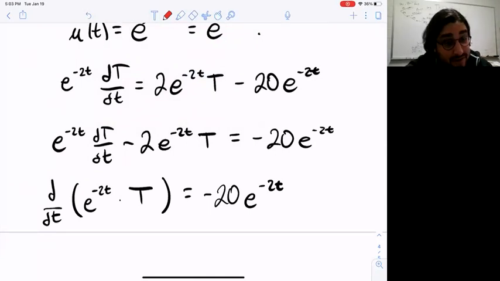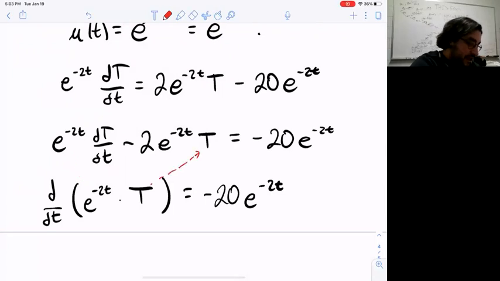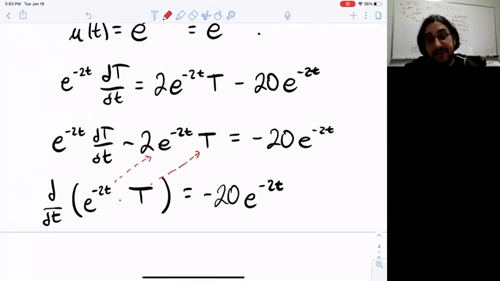You'd leave this e alone and differentiate the T, that's one term in a product rule. And then you do the same, but in the other order: you leave the T alone and differentiate the e, and then the chain rule spits out a -2. So there we go. They're equal, right? So the left-hand side is equal.